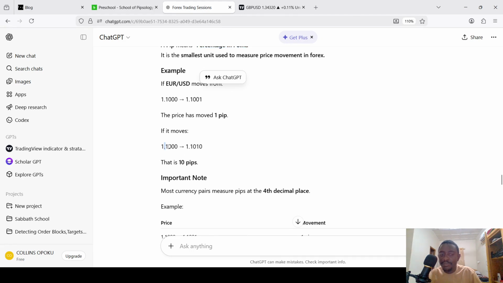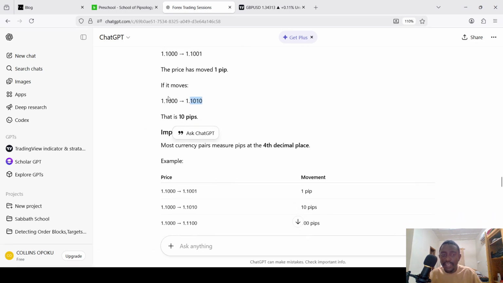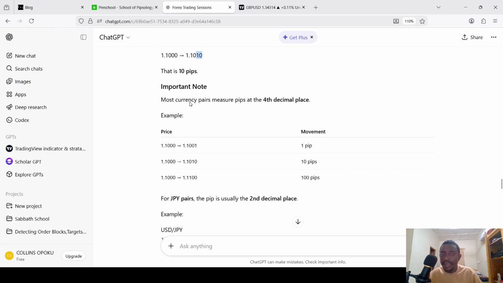Mostly the prices are recorded in 4 decimal points. You can see most of the pairs, except pound JPY, where they are in 2. So here, 1.1000 to 1.1010. You see, the difference in the last digit is the pips. With time, you know when to use these pips.